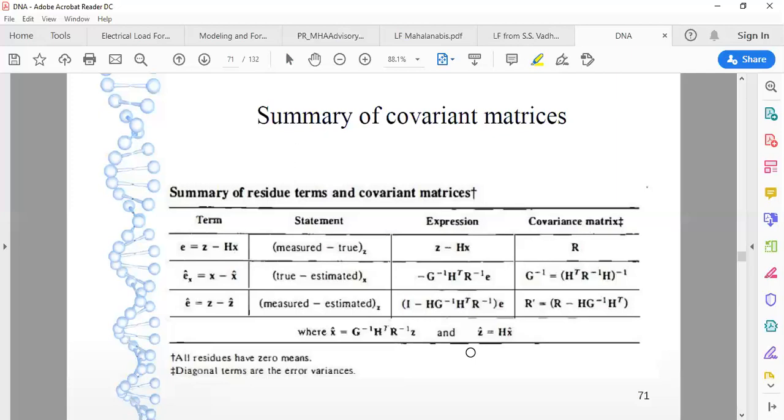Okay, otherwise we have also derived this equation in past slides, that it is equal to G inverse H transpose R inverse into e. Okay, and the third one, that is e hat is equal to z minus z hat. What is z? z is a measured value, z hat is the estimated value of that measured variable.